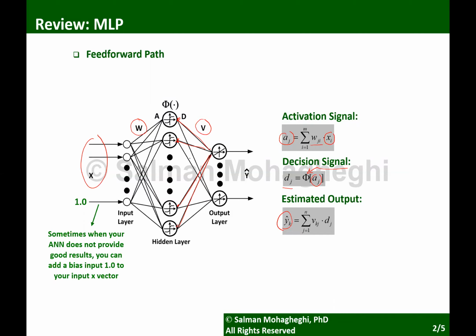Essentially, what this does is it increases the dimension of your input by just one dimension. And that particular dimension is going to be the constant 1 at all times. So it's not a value that changes. If you have an input signal which is 3-dimensional, with this added bias input, you will now have a 4-dimensional input space in which one of the dimensions is basically a constant 1.